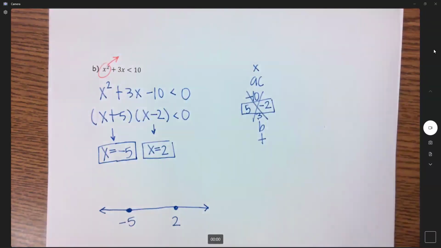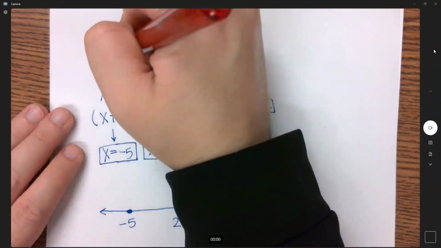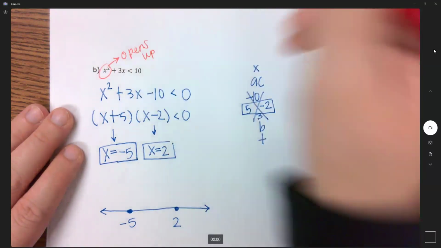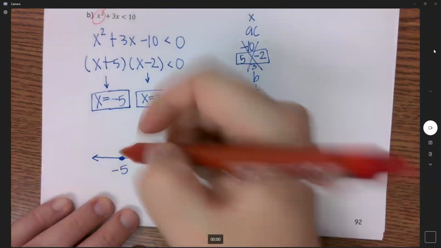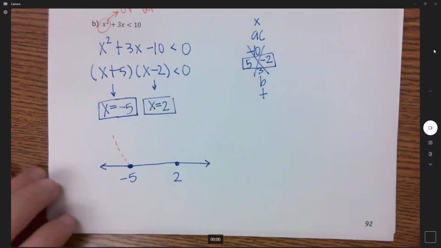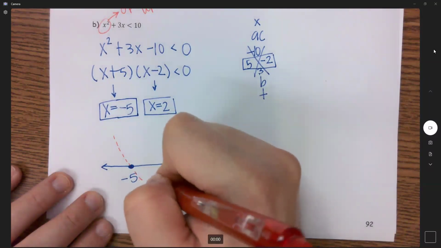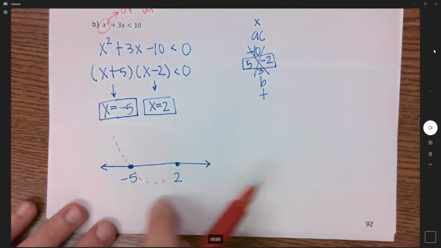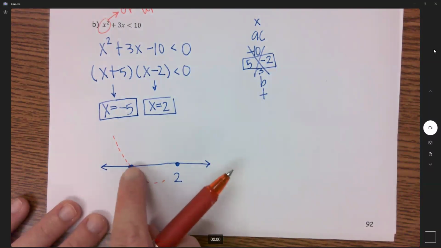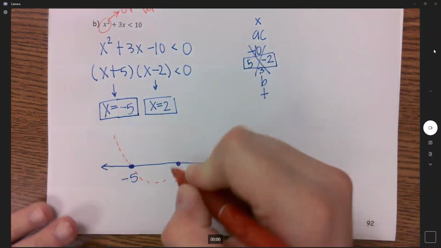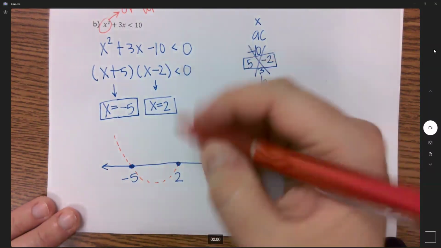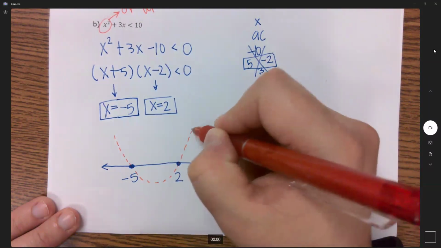And because this is positive, this opens up again. So it's going to start up here. It's going to cross right here at x equals negative 5. It's going to go down below. I have no idea how low because it could go way down here or it could go really shallow. No idea, but it doesn't matter. I know it goes below, and then once it gets to x equals 2, it's going to turn back up.